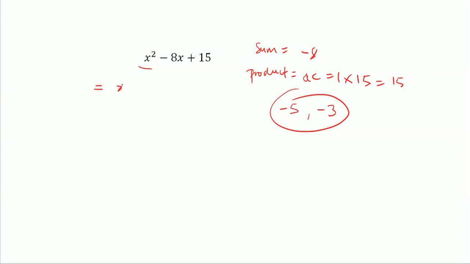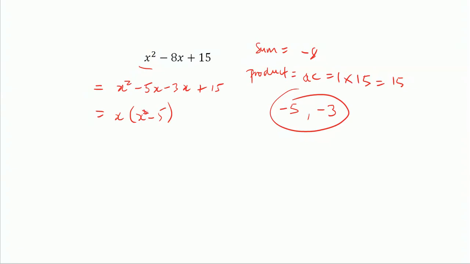So replace the middle term: x squared minus 5x minus 3x plus 15. Now we factorize by grouping, so we pull out the x. This will be x minus 5. Right, now we have to determine what sign we're going to put in here.